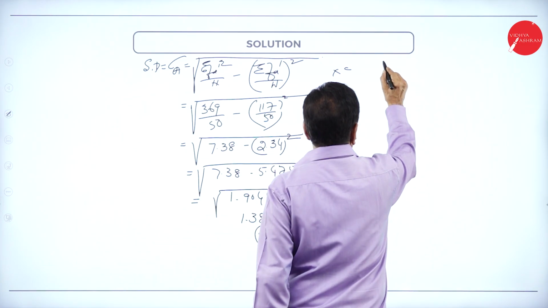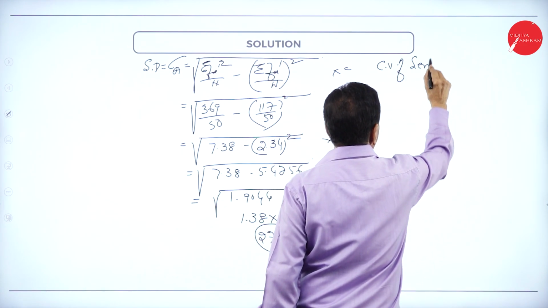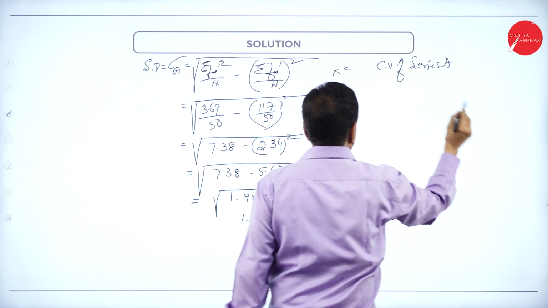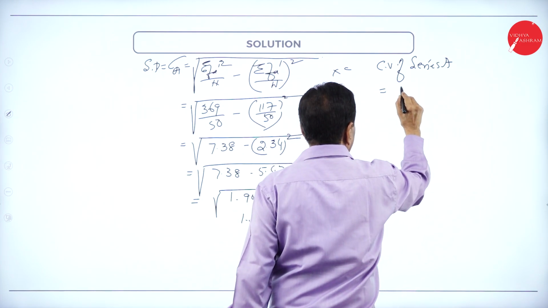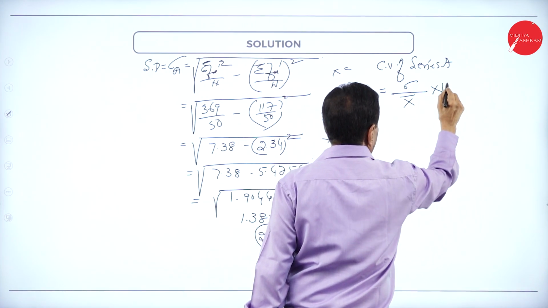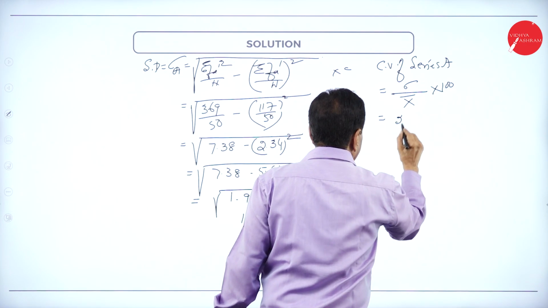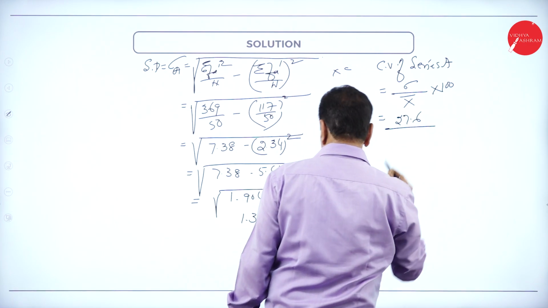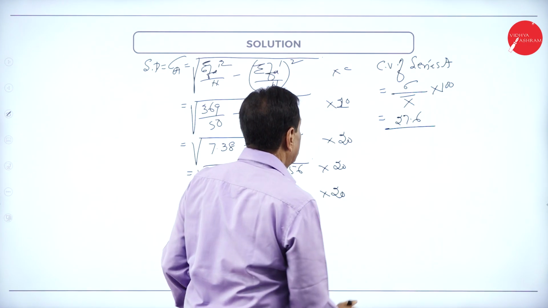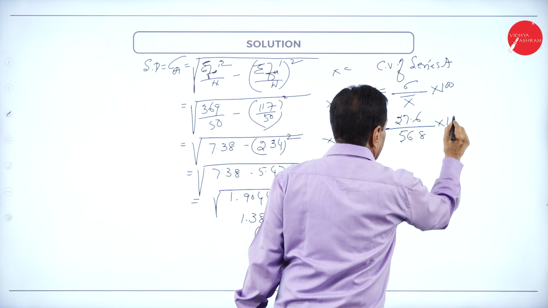Then CV of series A is equal to standard deviation divided by mean into 100. What is standard deviation? 27.6 divided by 56.8 into 100.